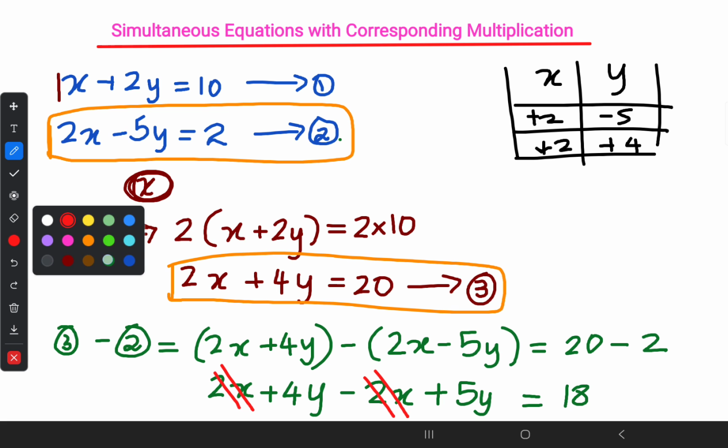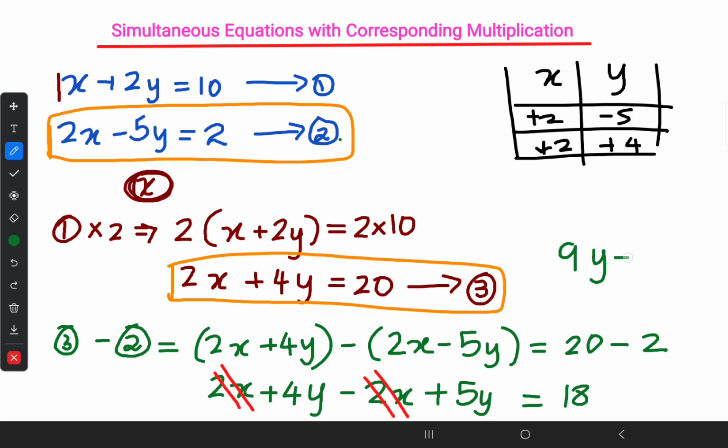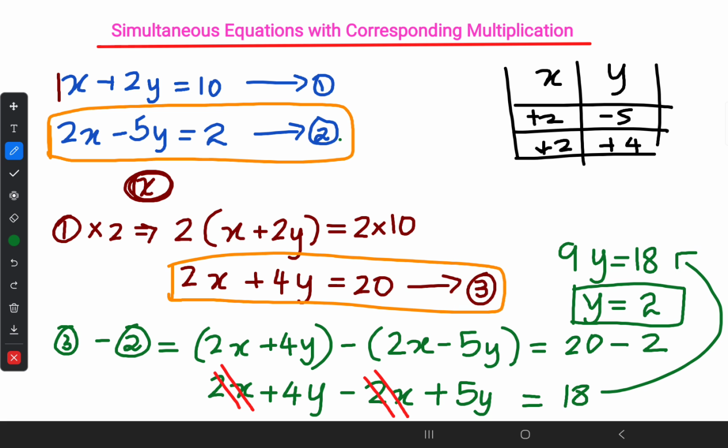We will have 4y plus 5y, which is 9y, equals 18. So y should be 18 divided by 9, which is 2. Y is 2. Due to lack of space, I have written the answer here. After this, you can choose the first, second or third equation for further calculation.